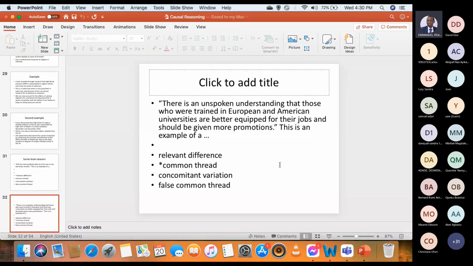And so the idea here is that being trained in a European or American university trains you better. And so that means that that is what is running through all those that are being identified as better trained. So it's been identified as a common thread.